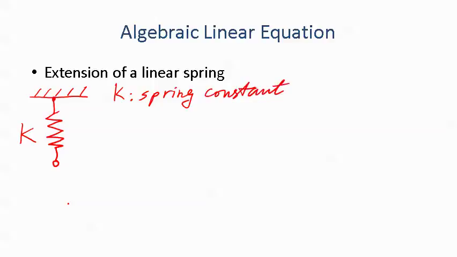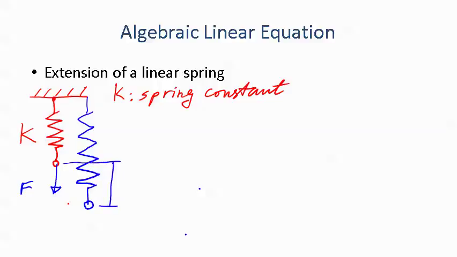Now, if I apply a force on this spring, and this force will try to increase the length of the spring, then this spring will increase in length by a certain amount, that is a function of the spring constant. So this is the increase in length, let's say x.